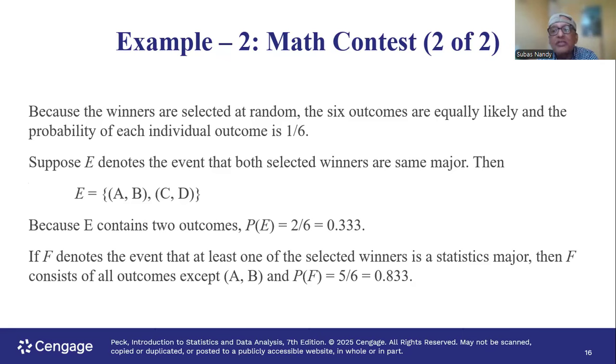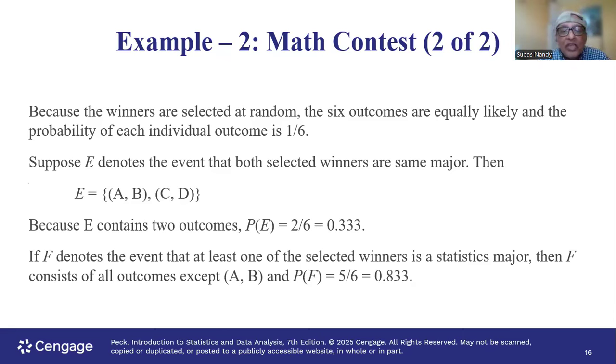Two possibilities out of 6, 2 out of 6. Probability, as I said, is expressed as a decimal, 0.333, sometimes as a percentage, but usually when using a calculator, it's a good idea to represent probability as a decimal, 0.333.